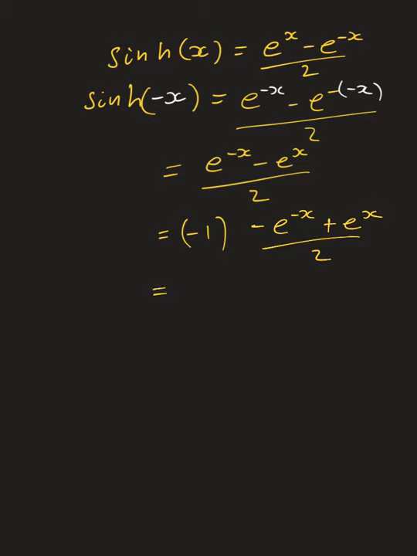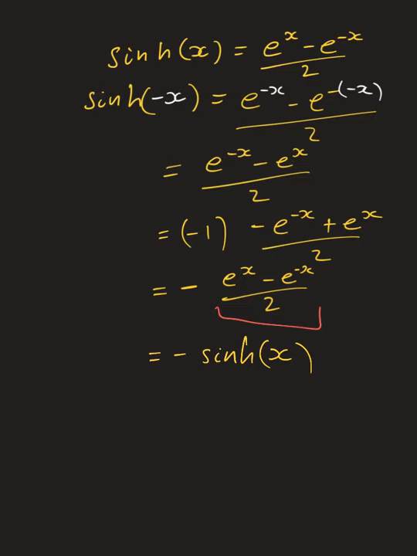Or if I tidy that up, that's minus, with that minus 1 in front, and I swap these other two terms, e to the x minus e to the minus x over 2. Now this piece here is exactly the definition of sinh of x. So what I have there is actually just minus sinh of x. So we have that sinh of minus x is equal to minus sinh of x.